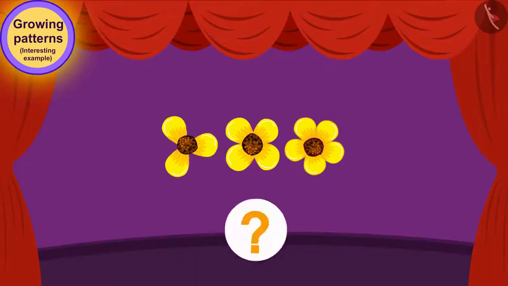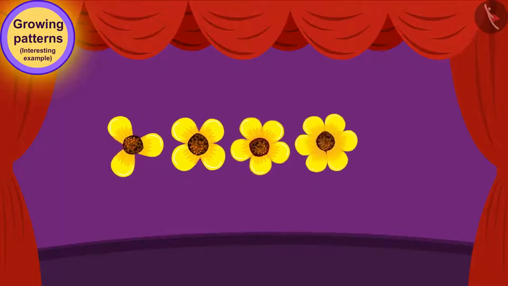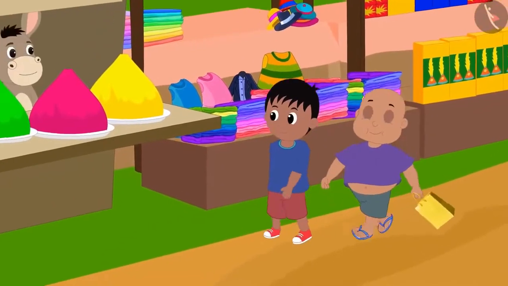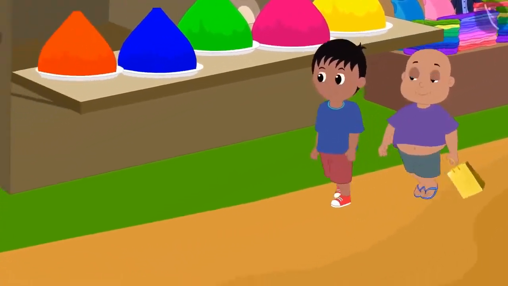Now, how many petal flowers do we have to add to carry this pattern forward? Exactly! We have to add a flower with 6 petals. Bablu bought the dress and Raju and Bablu went to the next shop to buy diyas.